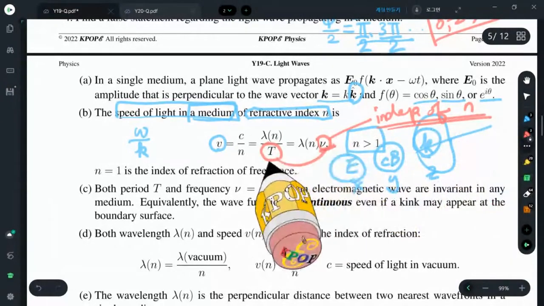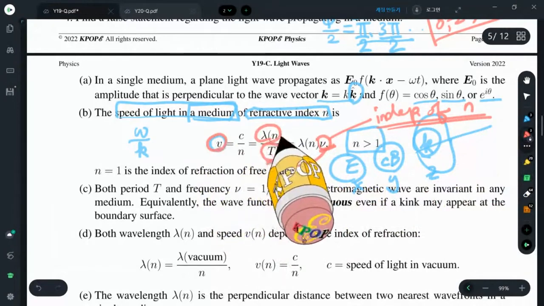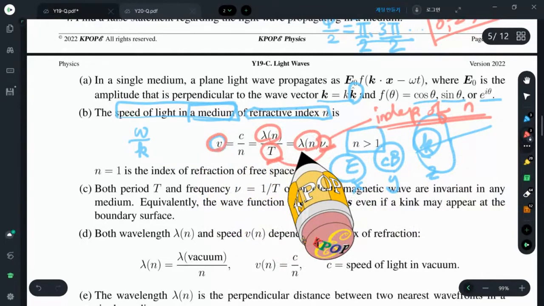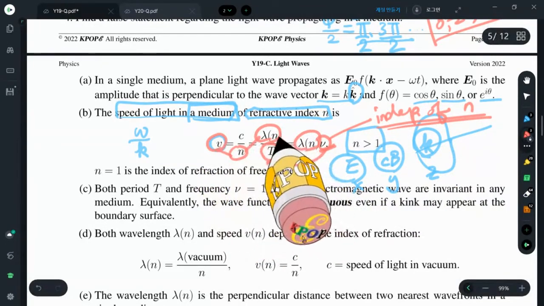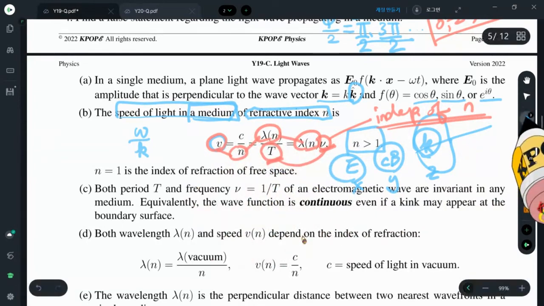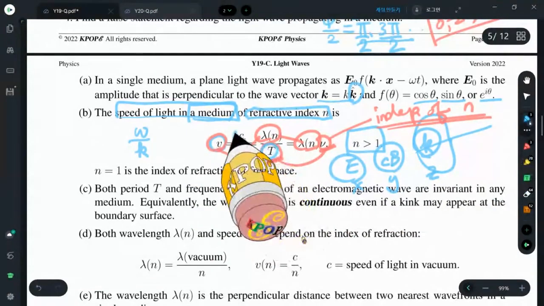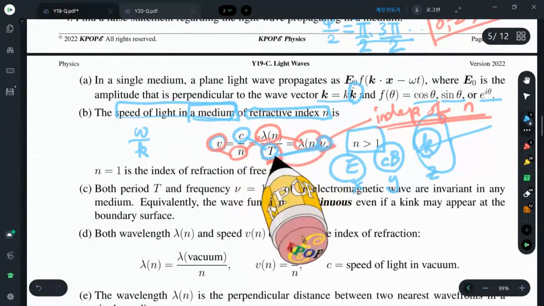You have to remember these are independent, and these are n-dependent factors, and these are n-independent constants.